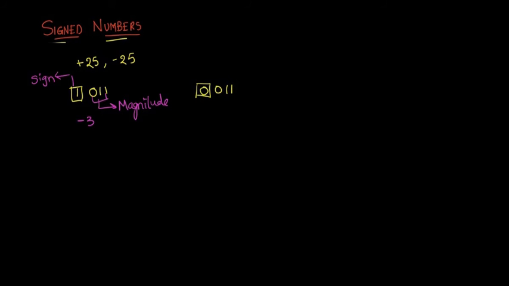The bit to the left is the sign bit, and the part after the sign bit is the magnitude, hence the name sign and magnitude representation, because we have both sign and magnitude in this representation.